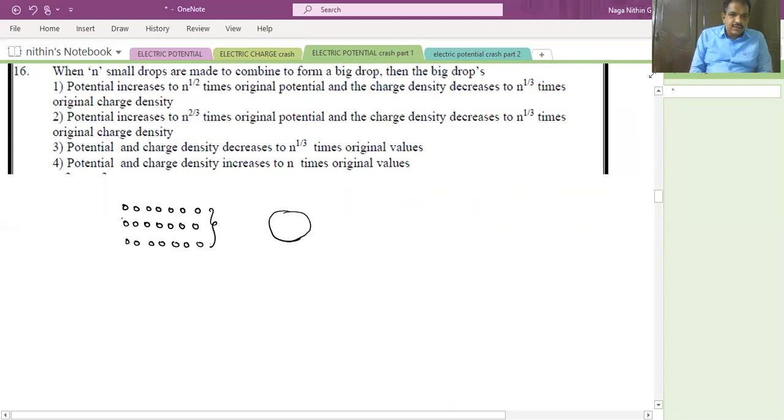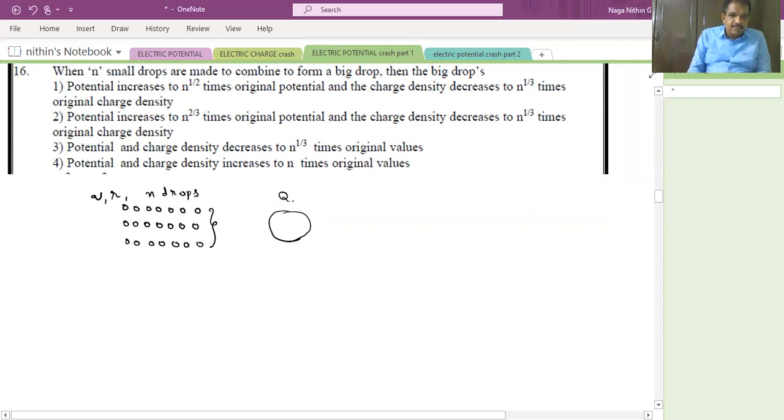Okay. Each small drop has a charge Q and a radius R. Like this, N drops are there. All these drops are combined and a big drop is formed.